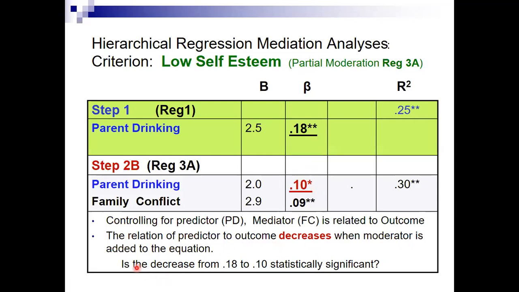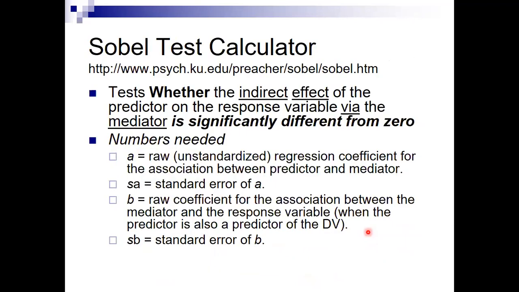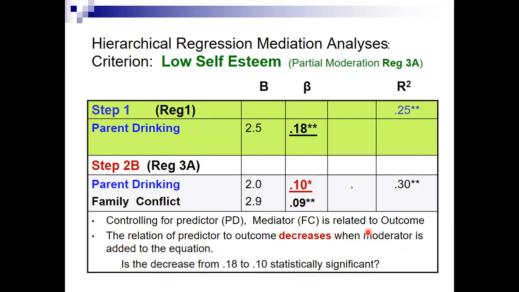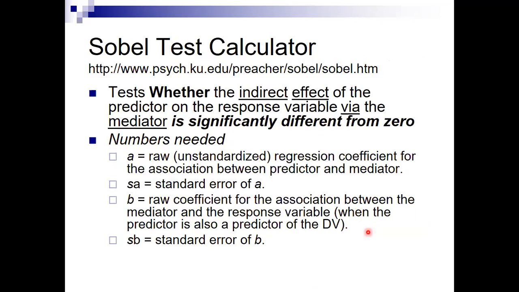And therefore, you have to check if this decrease is statistically significant. As you can see, yes, it is statistically significant. Now, that is a way of confirming that there is actually mediation in this process.